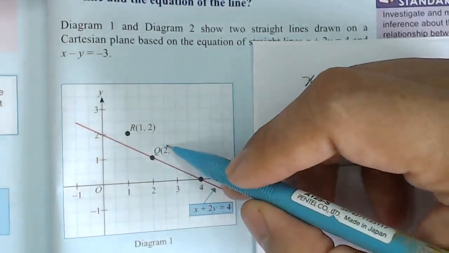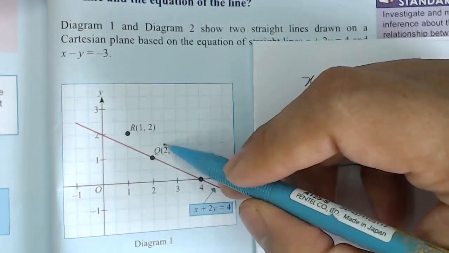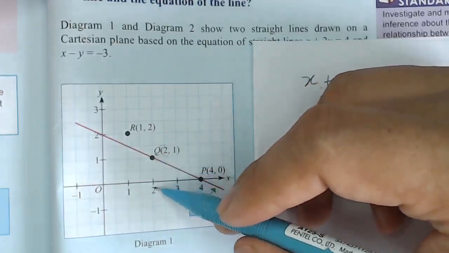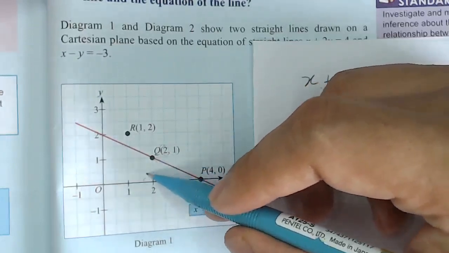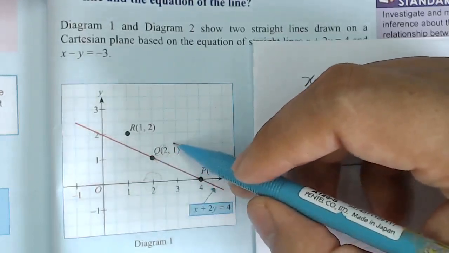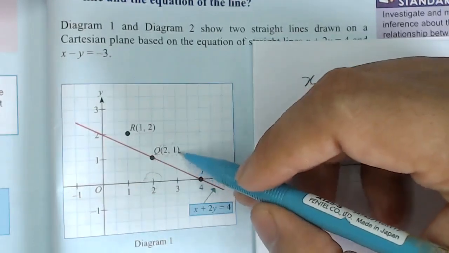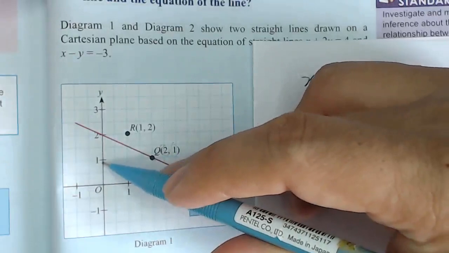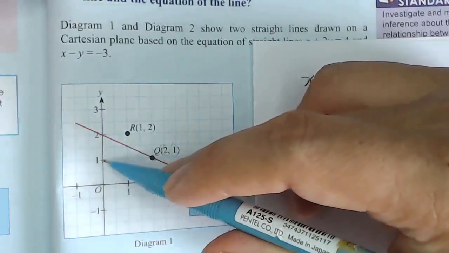The reading number 1 here states the value of x, correct? The value of x on the x-axis. And the second thing represents the value on the y-axis.